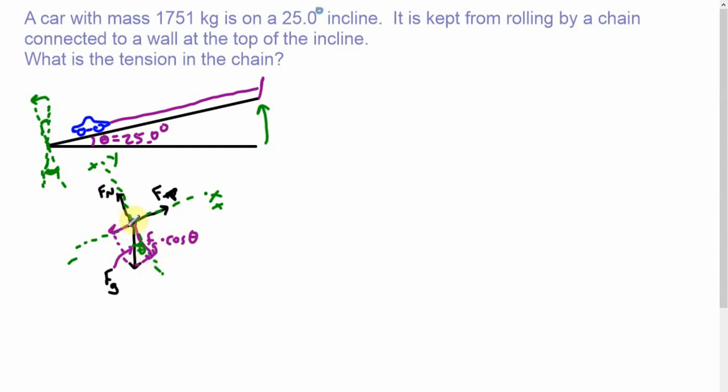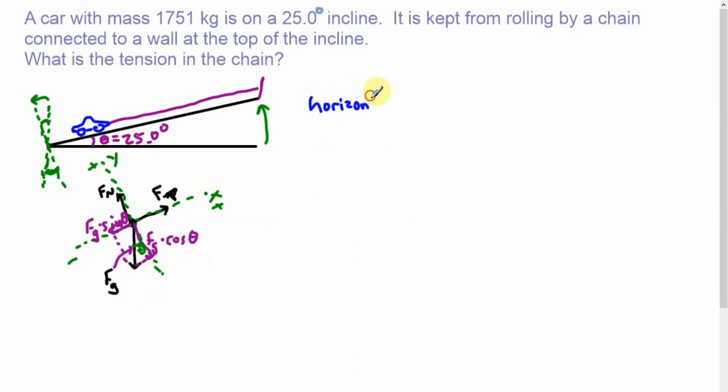Those are the same. This is the other side of the rectangle. So this is F sub g times sine theta. Okay, so I have decomposed gravity into a horizontal piece and a vertical piece by using sine and cosine. Now I'm ready to do F equals ma.